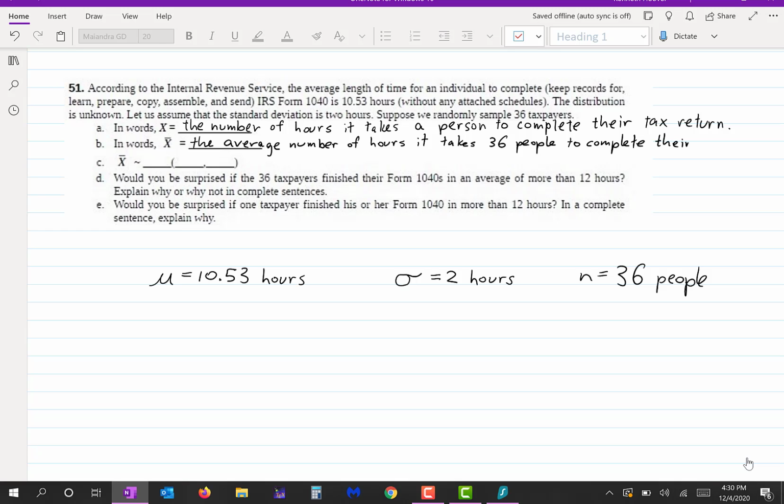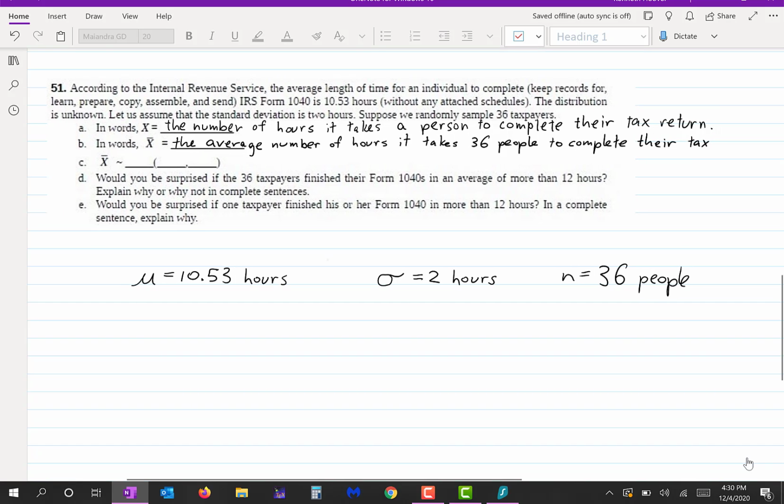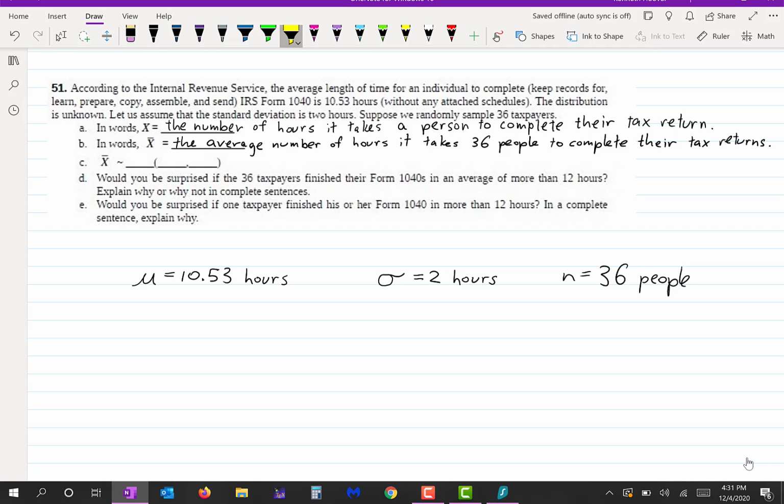You see the difference? So x is referring to singular people.